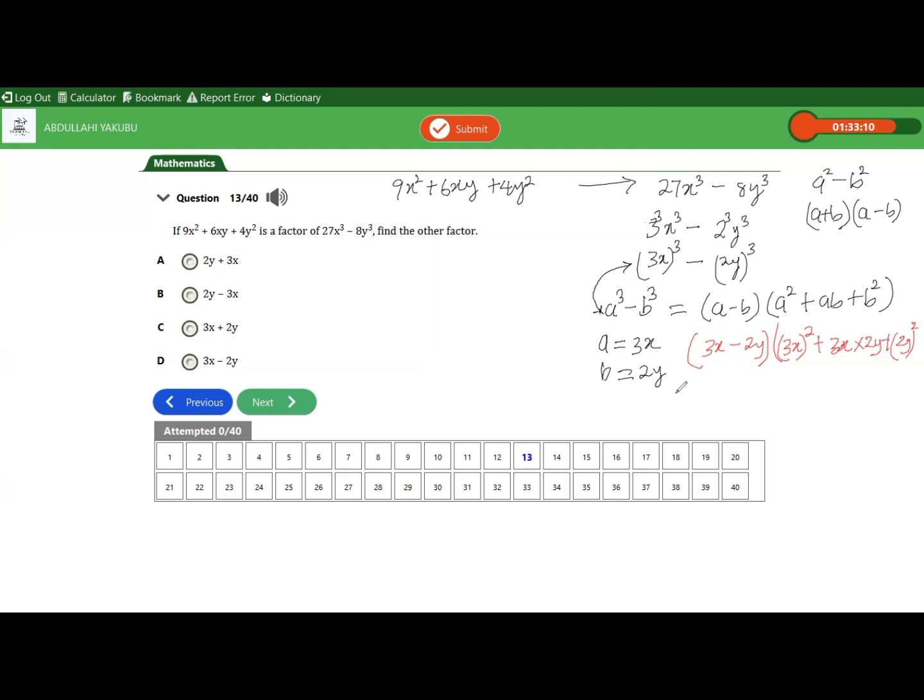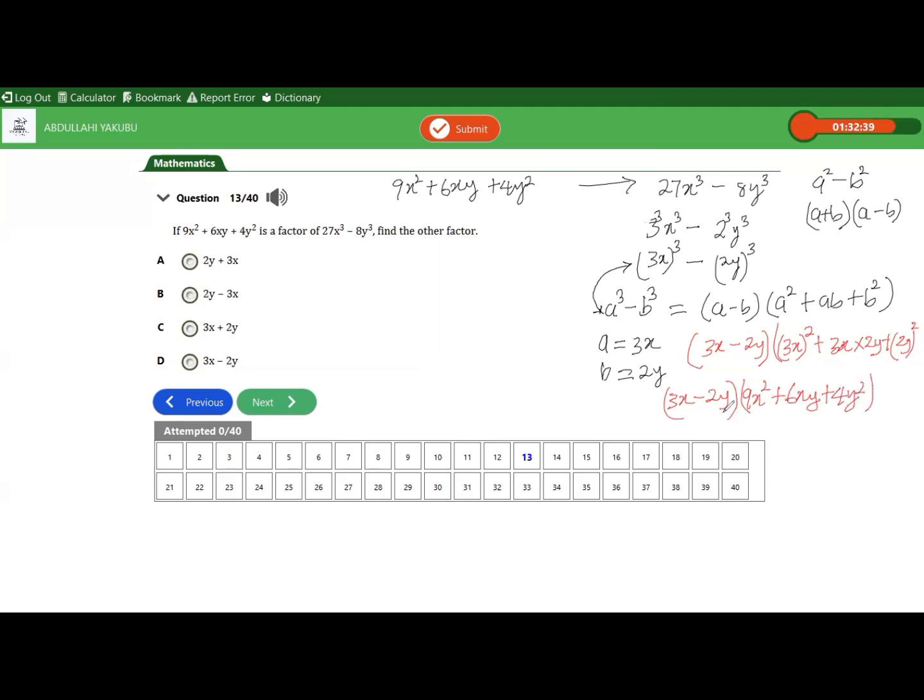So in that case, I'm going to have 3x minus 2y into bracket. This is going to give us 9x squared plus 3x multiplied by 2y gives us 6xy plus 2y squared gives us 4y squared.